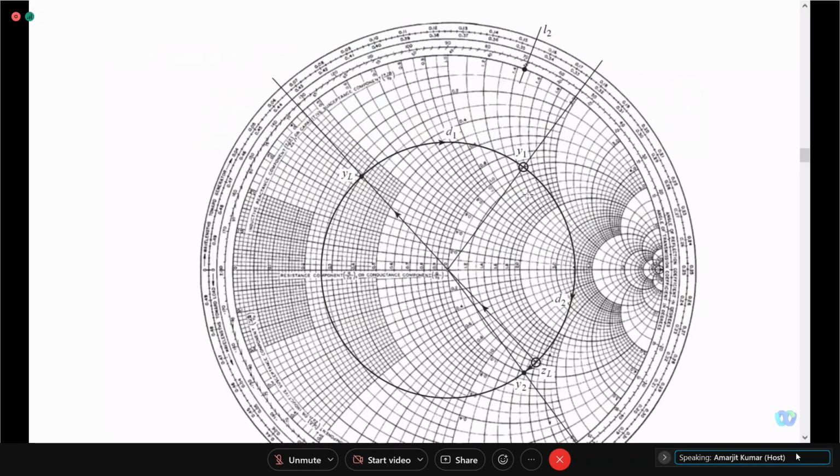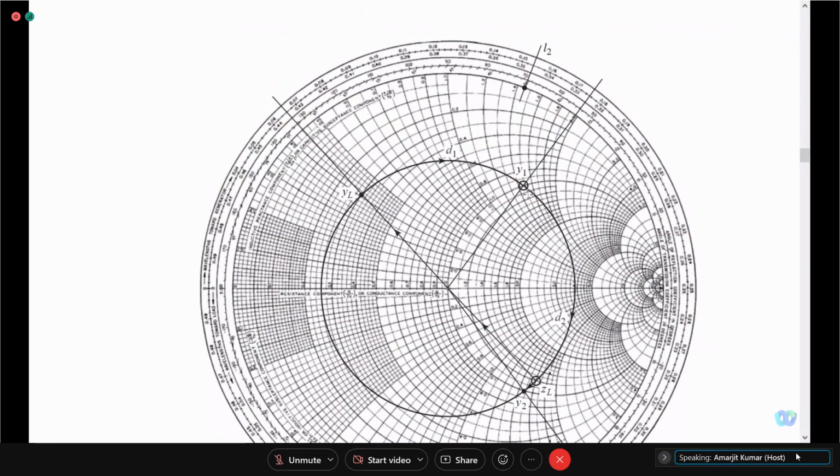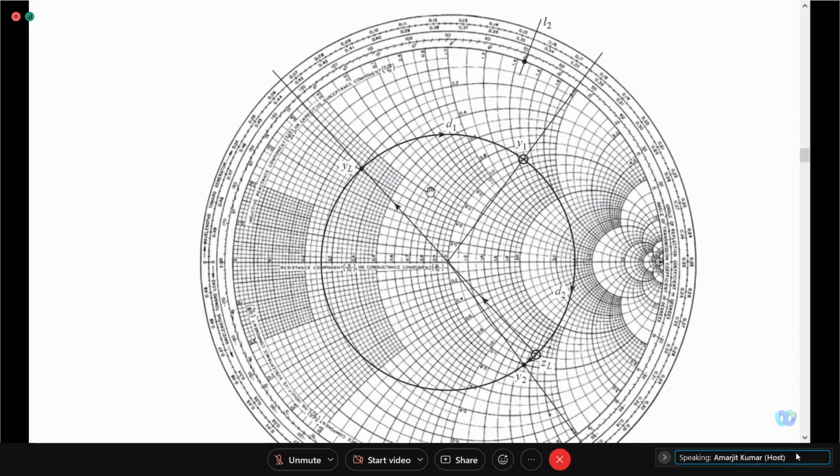Now, because in this question they want you to design two single stub networks, what is d2? So again the question is, from this yL, again we have to move and reach this 1 plus jb circle. If you see here, this is the circle.